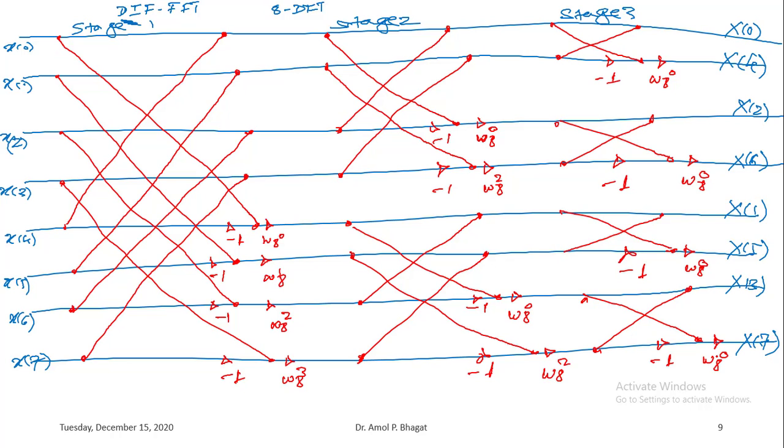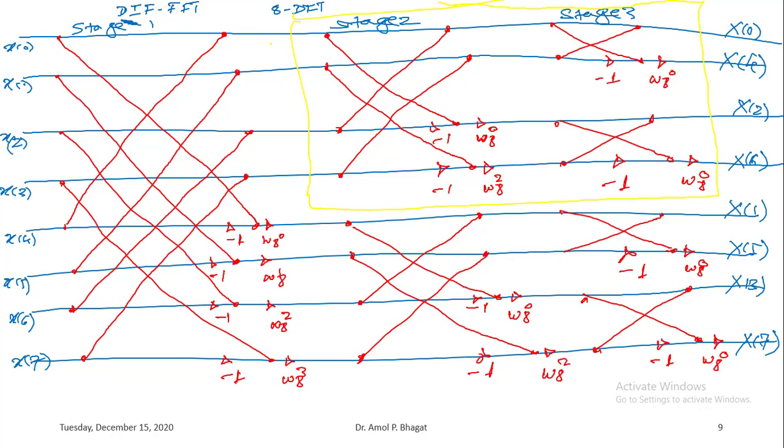So this is how this DIF FFT will be used, right? And this is for 8-point DFT. Okay, and if you are going for 4-point DFT, then in that case only this much portion you have to draw, right? Only two stages will be there.